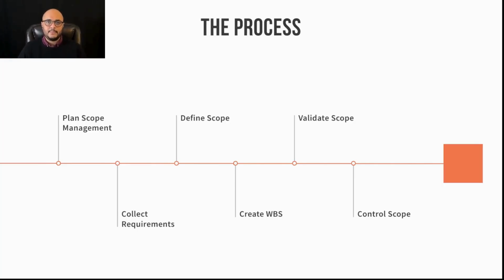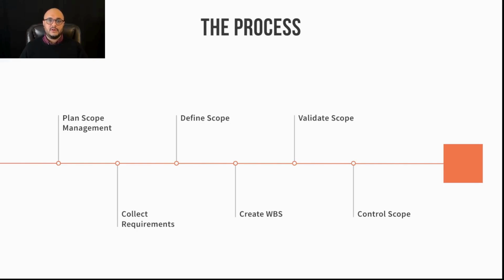First, we need to plan, but not plan what the scope is. No. We need to plan how we're going to manage the scope. Be careful here. This is where I sit down with the team and we go through it together and say, all right, we need to plan how we're going to understand what the scope is. Are we going to set up meetings with the client?